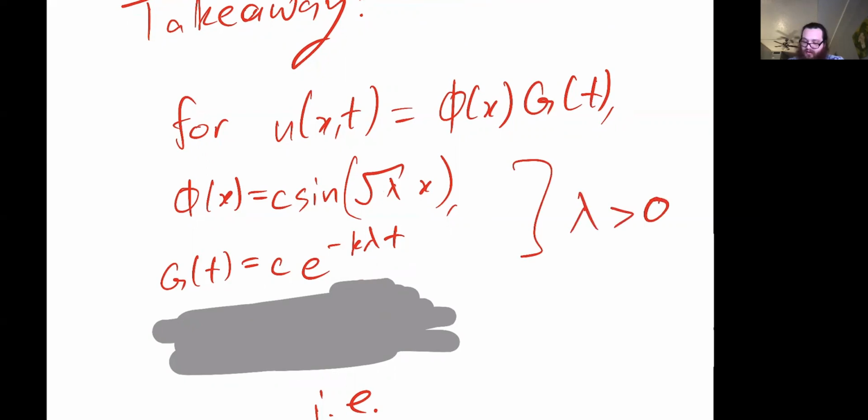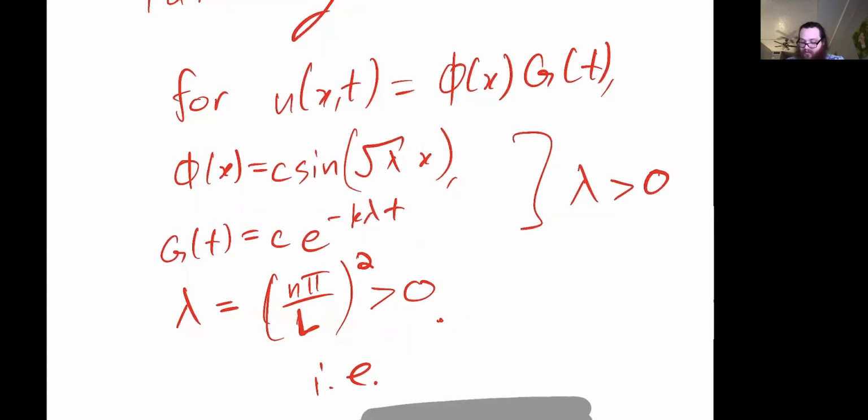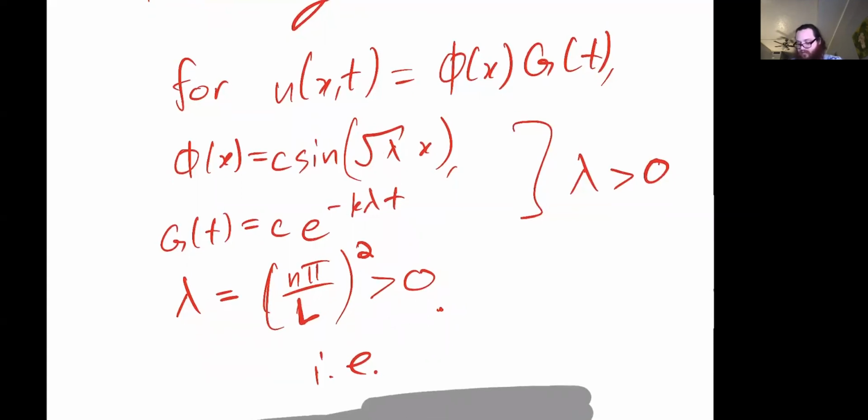G, the time piece, is going to be this exponential in minus k lambda t. And so then lambda is going to be this expression, n pi over L squared.